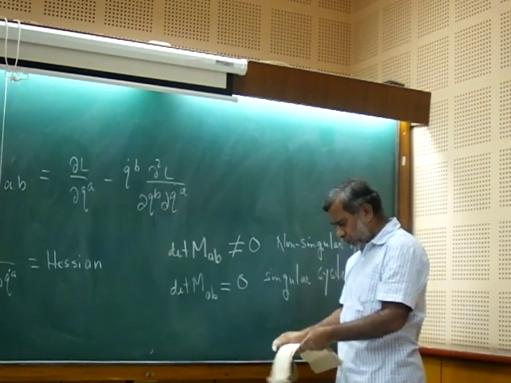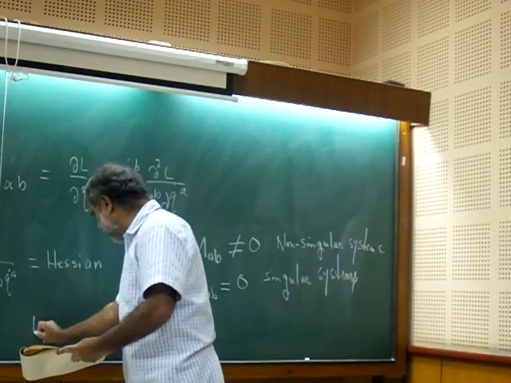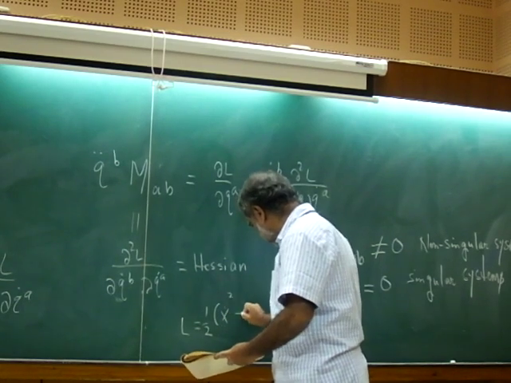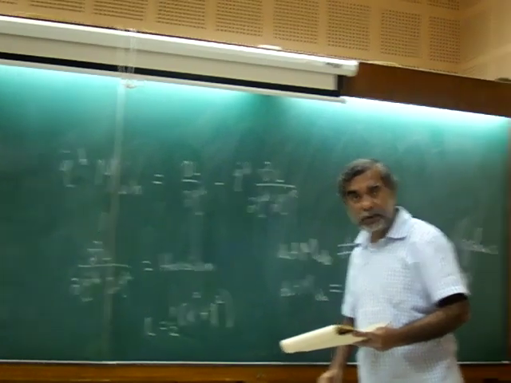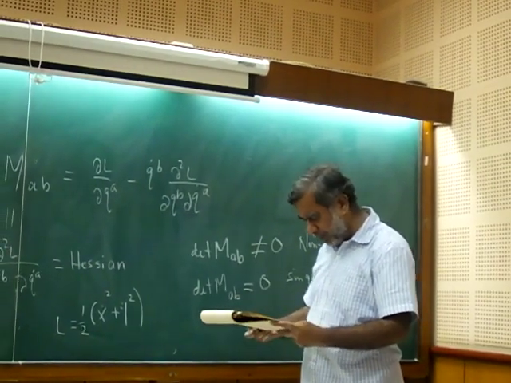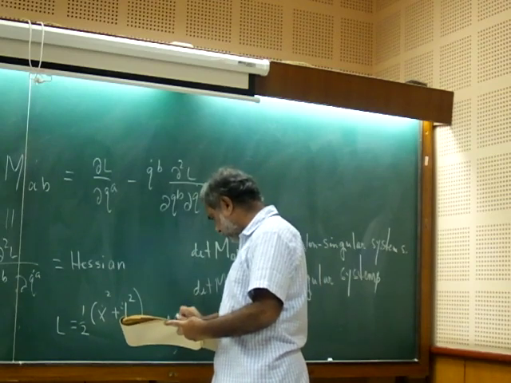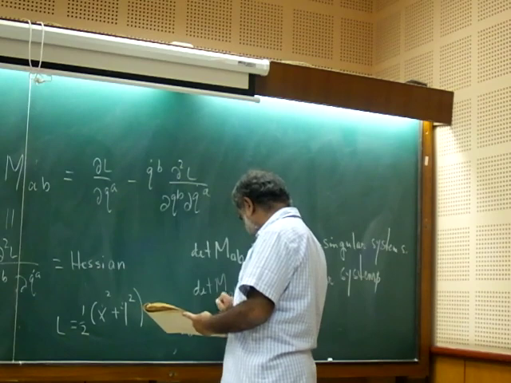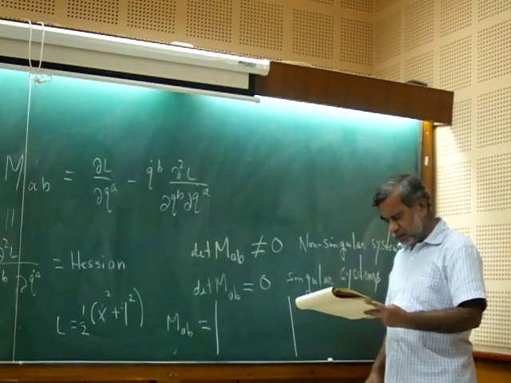Now it's trivial for you to see that if you had a Lagrangian like this, which was the Lagrangian for this non-relativistic case, then you want to calculate the Hessian matrix M_AB.